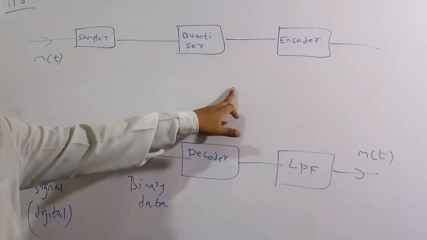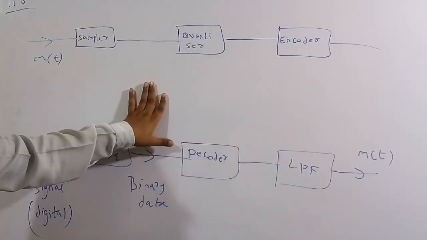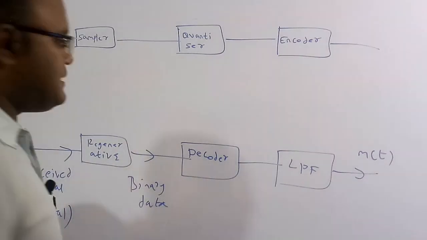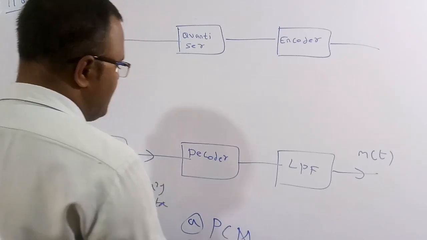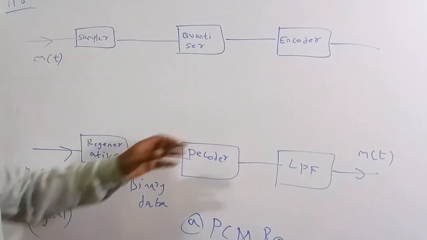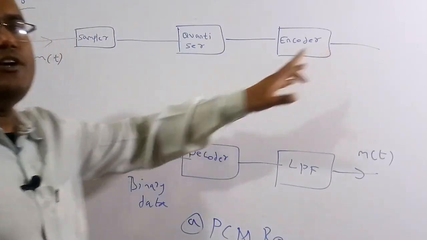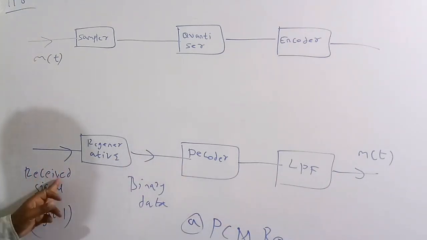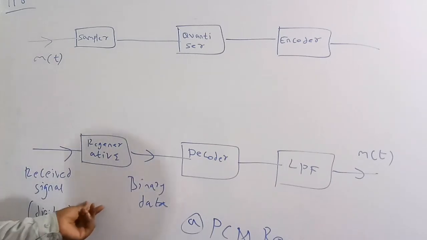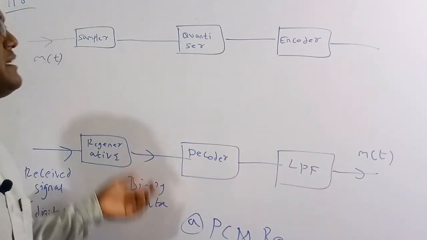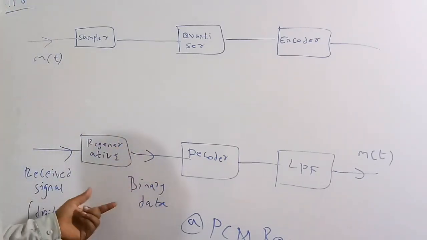The above circuit I just discussed is the PCM transmitter. The below circuit is the PCM receiver. At the receiver, the signal is in digital format, so the digital signal is sent to the receiver. Now we keep a regenerative repeater, because it is still binary data, and then the reverse of the quantization process.